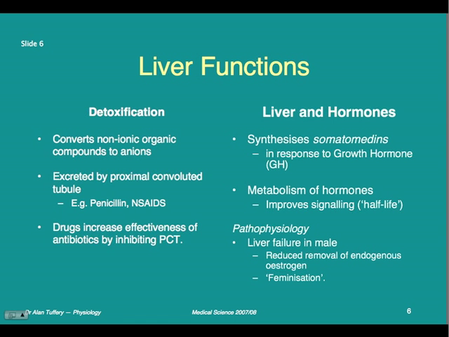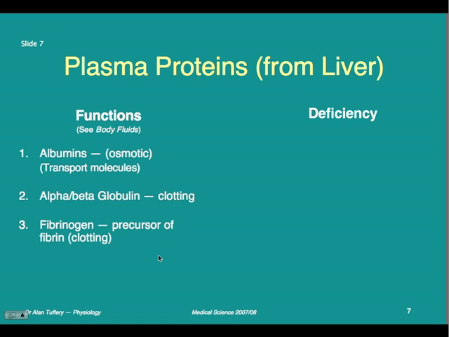So if you can't remove the estrogen because you've got liver failure, then the estrogen will have effects. So you start to grow breasts and you start to do other things, so you get the appearance of feminization. So that might be a consequence of cirrhosis of the liver, for example, and other liver failures. So you might get those things. So there's a little question, a little outcome that says you need to know about that. So there you are. You now do.